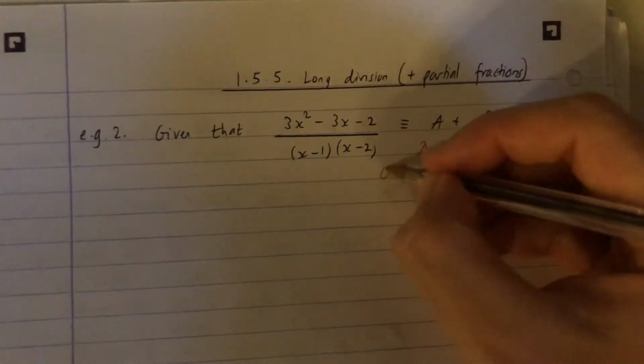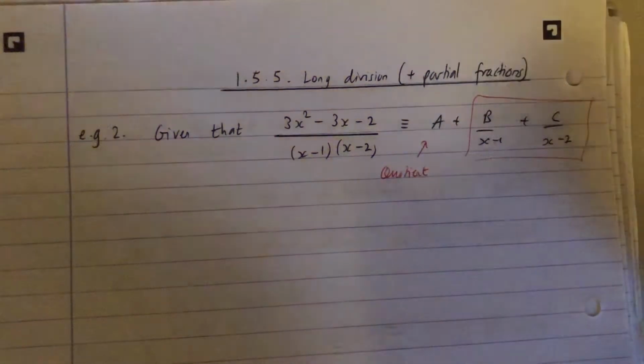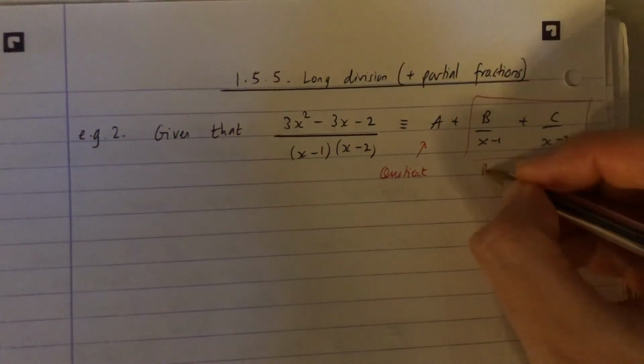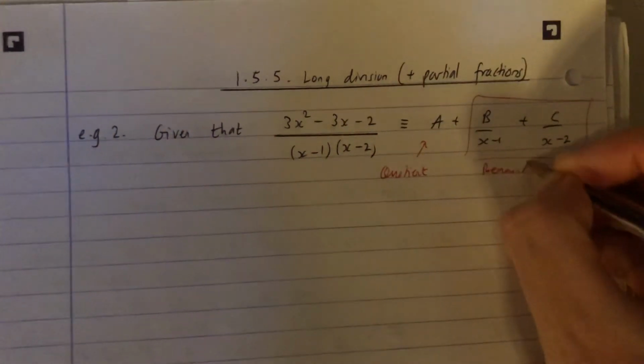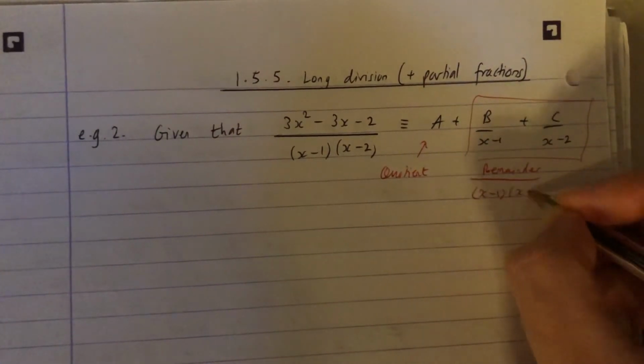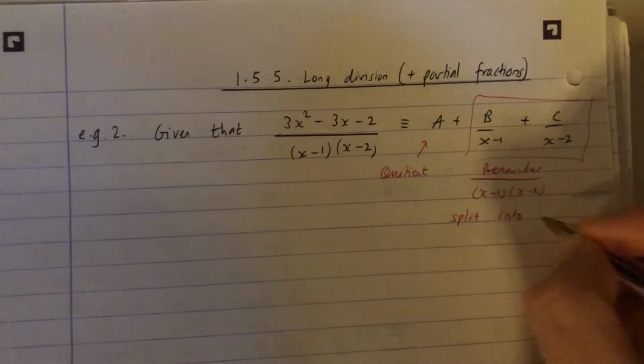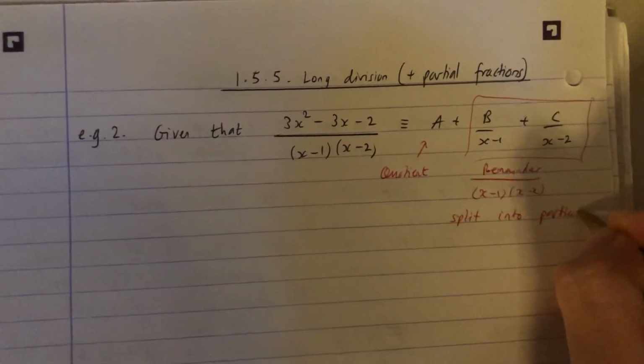So we have quotient, and that part there is the remainder over x minus 1, x minus 2 split into partial fractions.